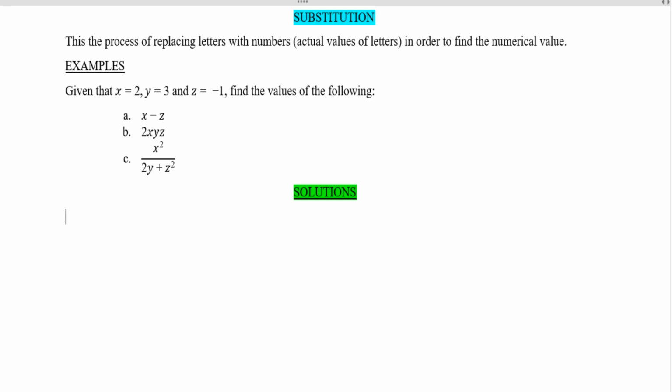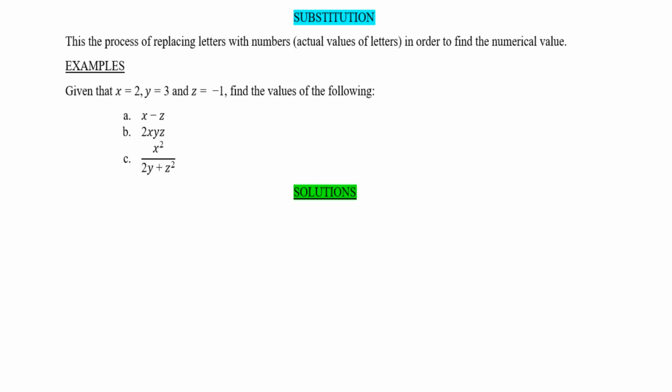We are saying, given that x is equal to 2, y is equal to 3, and z is equal to -1, find the values of the following. A, we want to find x minus z. B, 2xyz. C, x squared over 2y plus z squared. So we are going to start.